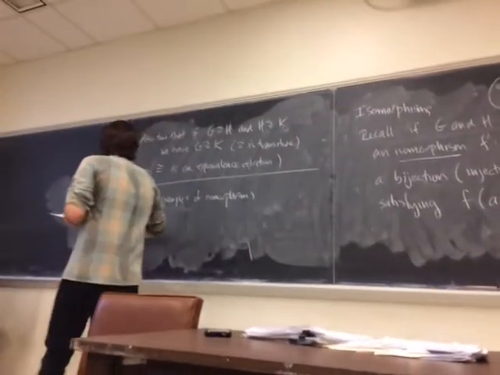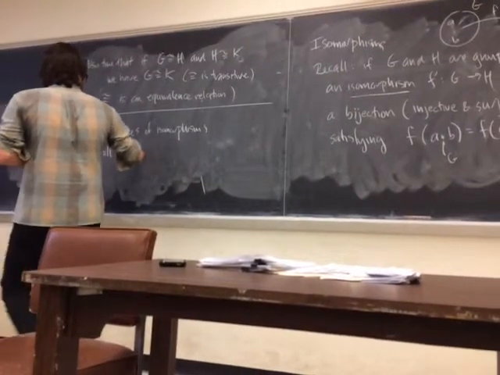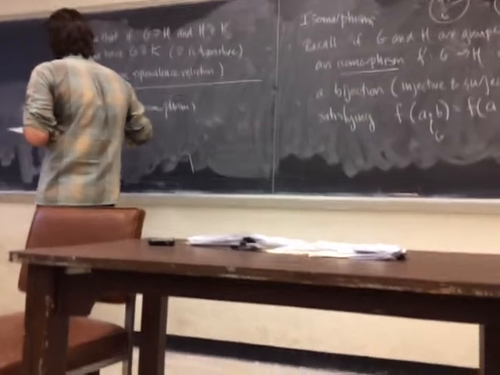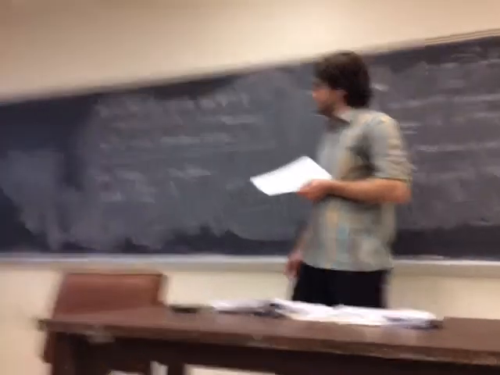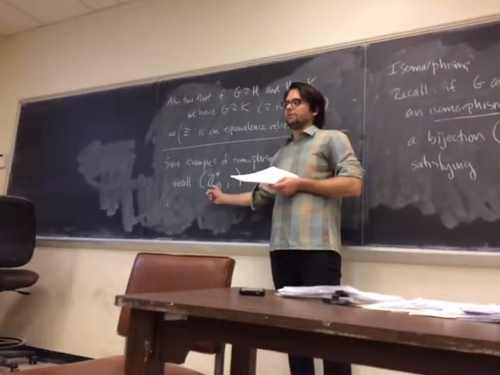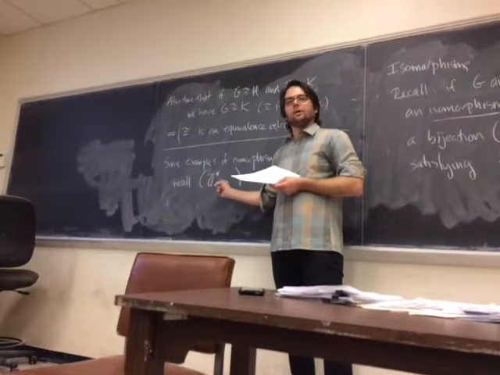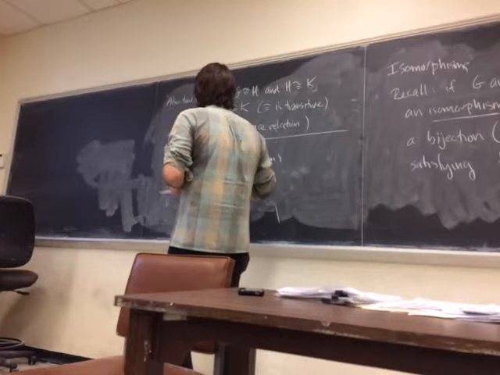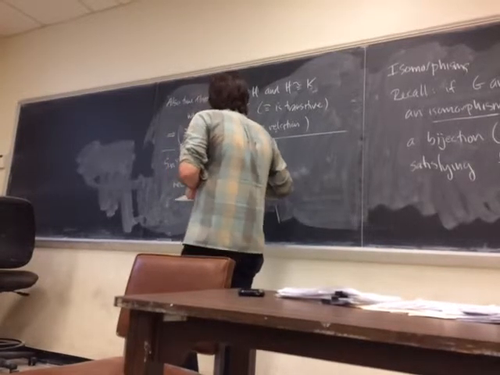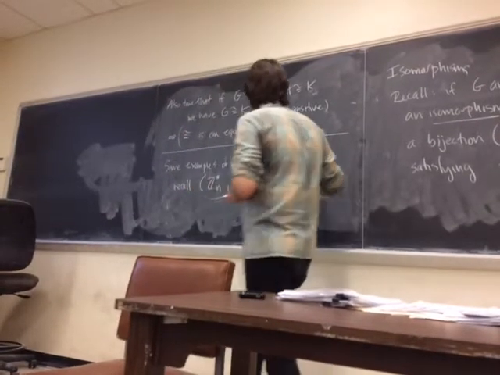Recall Z_n star. This is notation we use on your homework. I want to make sure you remember what this is. This means the non-zero numbers between 0 and n minus 1 under multiplication. So 1, 2, 3, 4, up to n minus 1.